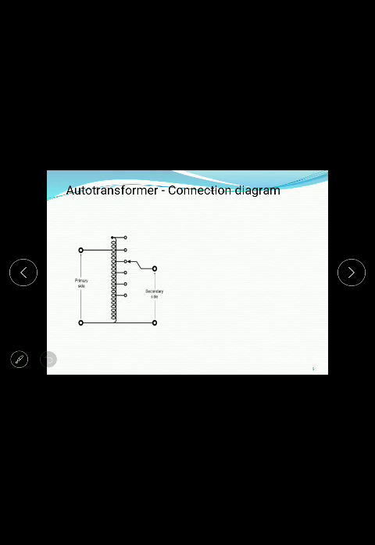So here is a common winding. This is the common winding for the primary and secondary. Primary side and secondary side, the common winding. One winding is used.